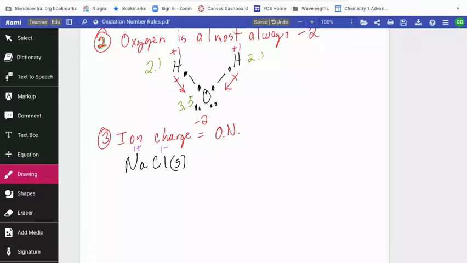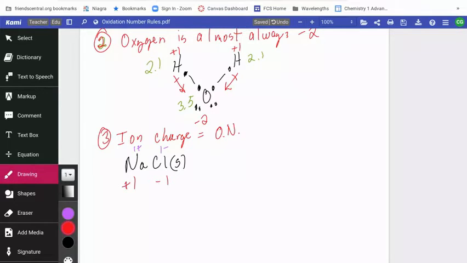If you notice where the charges are, they're on the right side of the number. Those are ion charges. The oxidation number, though, is going to be +1 for sodium, and for the chlorine, it's going to be -1. So we take the charges and we just move the sign onto the other side.